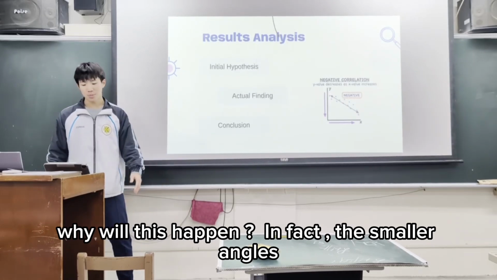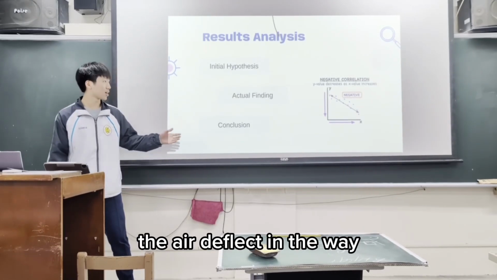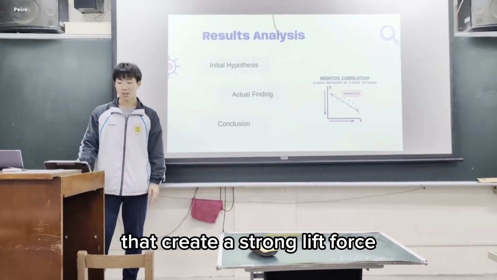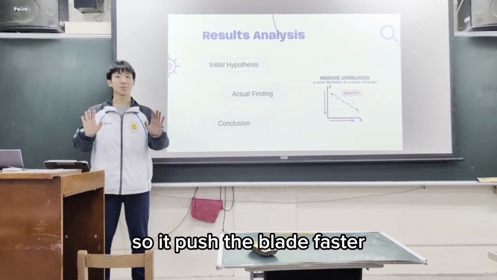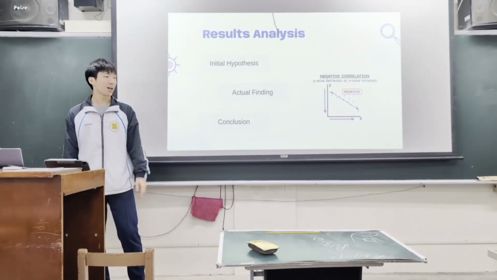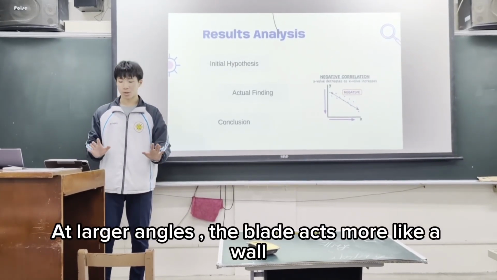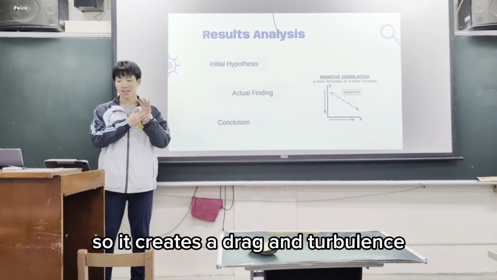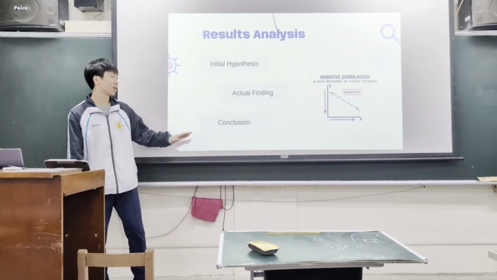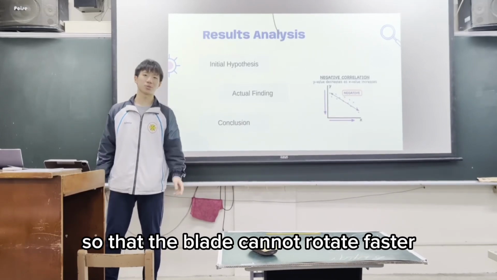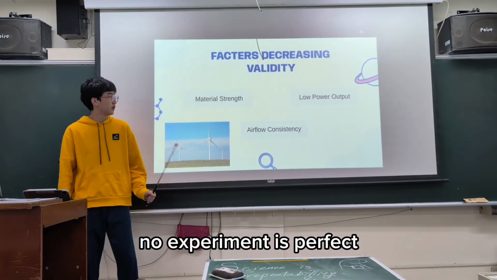In fact, at smaller angles, the air is deflected in a way that creates a strong lift force, so it pushes the blade faster. At larger angles, the blades act more like a wall, so it creates drag and turbulence, so that the blade cannot rotate faster.